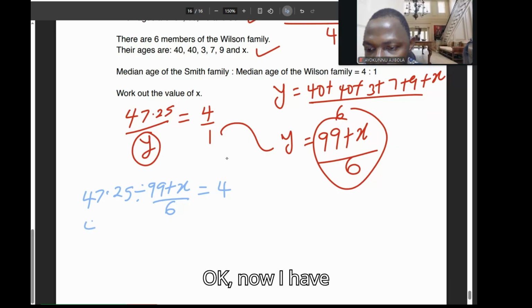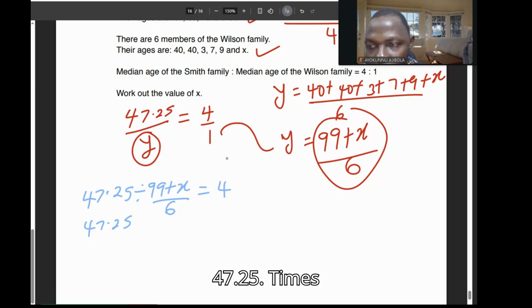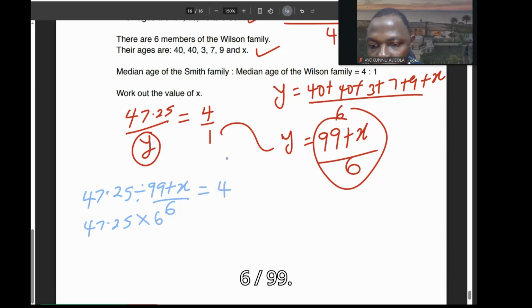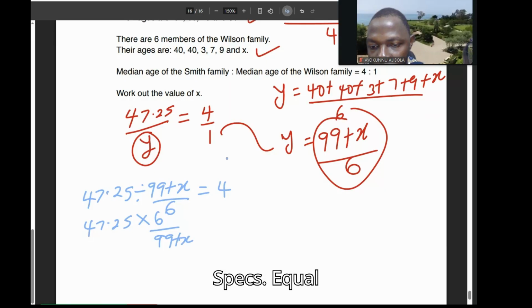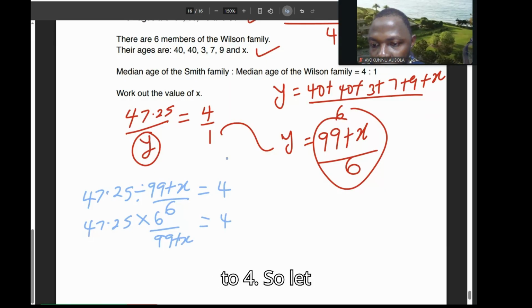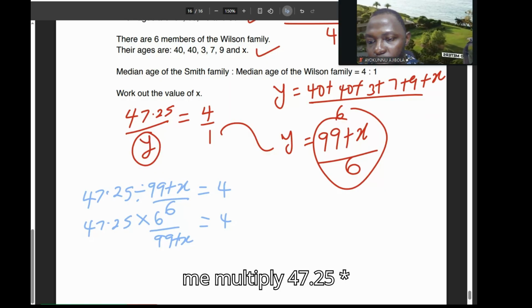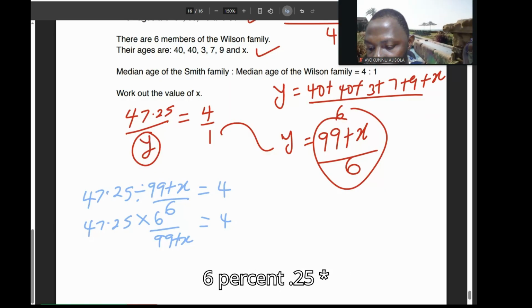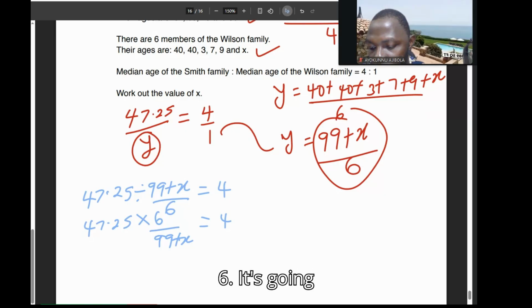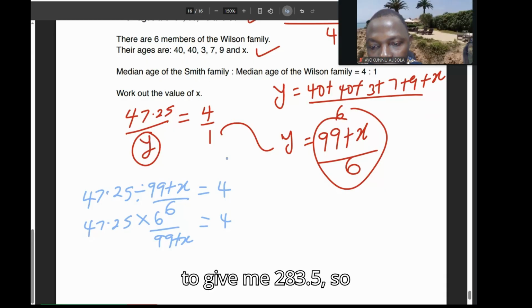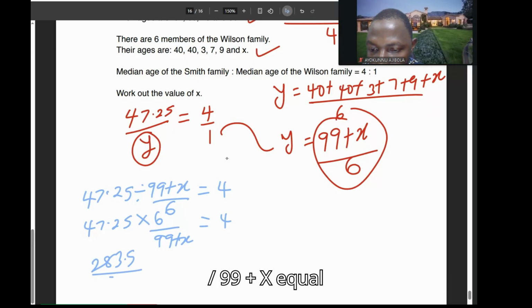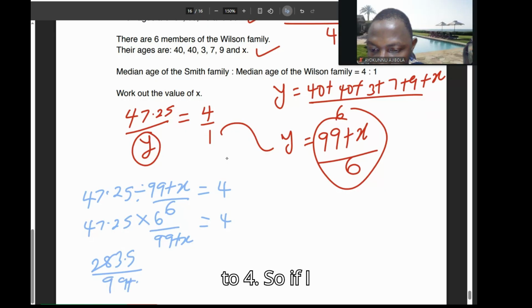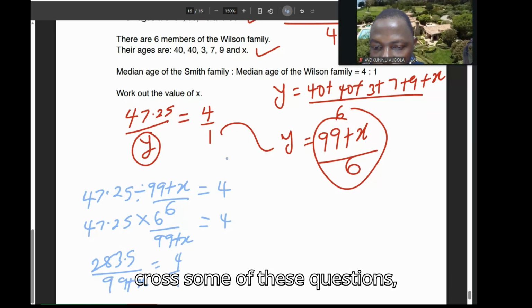Now I have 47.25 times 6 over 99 plus x equal to 4. So let me multiply 47.25 times 6. That is going to give me 283.5. So I got 283.5 over 99 plus x equal to 4.